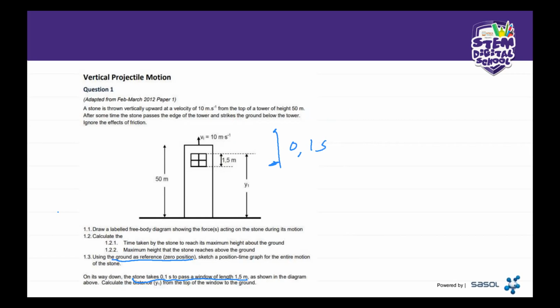Remember it went down. So from here to there, it's going to be 0.1 second to pass a window of a length of 1.5 shown on the diagram. Calculate the distance y1 from the top of the window to the ground. Okay.